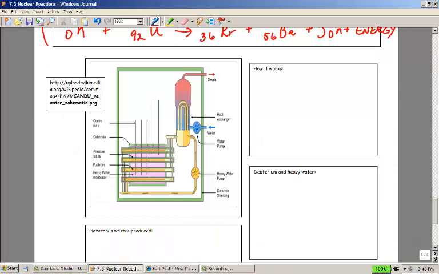Here we have a little graphic of a CANDU reactor. That's a Canadian Deuterium Uranium reactor, and it shows a few things. The nuclear fuel produces heat, which is used to make steam, and the steam drives turbines that are connected to electrical generators. It's called a Canadian Deuterium Uranium reactor because deuterium is an isotope of hydrogen-1 that is twice as heavy, as it has both a proton and a neutron in its nucleus, so it's not a typical hydrogen atom.